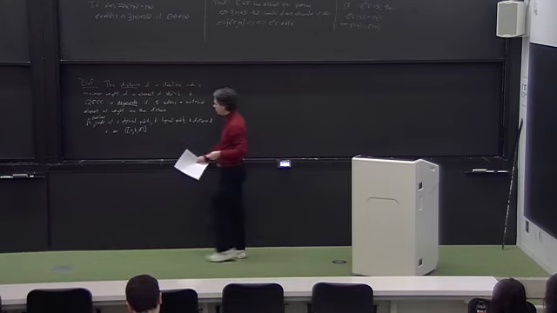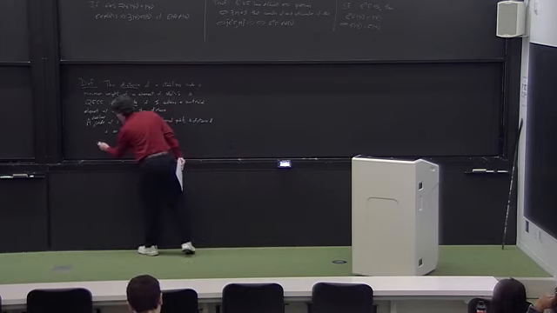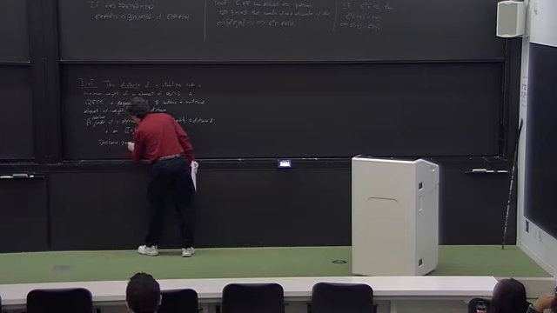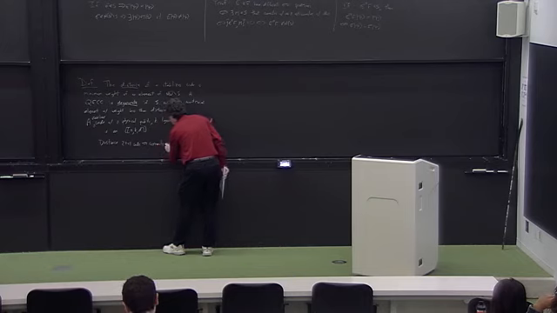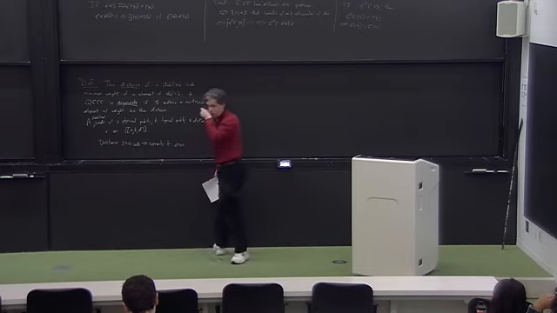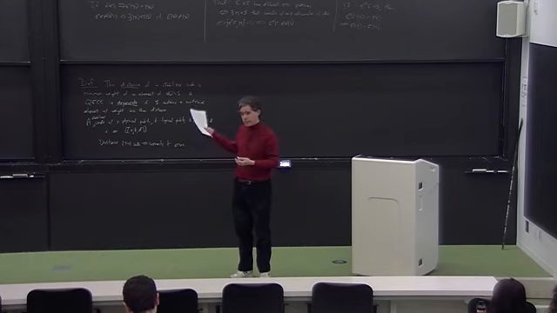And the reason for that is if you look at this theorem, you'll see that a distance 2t plus 1 code corrects t errors. Right? Because suppose our set of errors, script E, is a set of all errors of weight up to t.